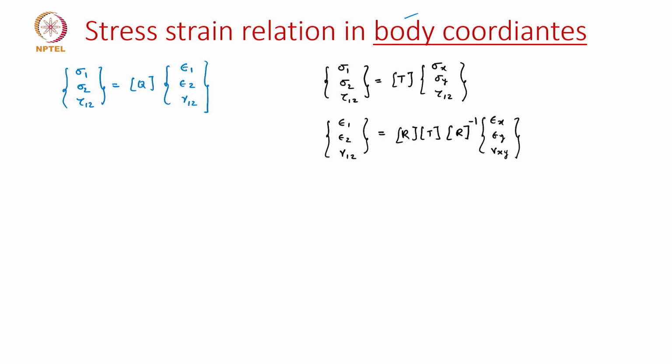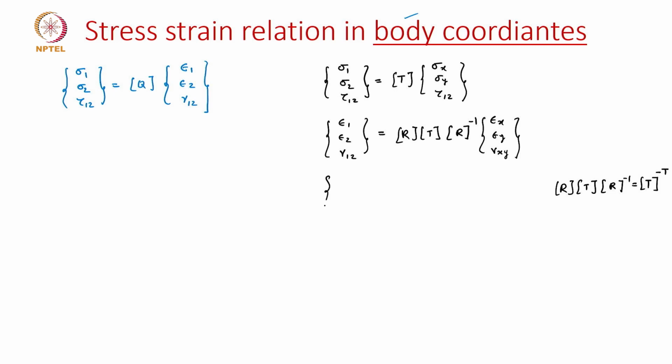In fact, from linear algebra we can show that this expression of R, T and R inverse is nothing but the transformation matrix T inverse with a transpose.